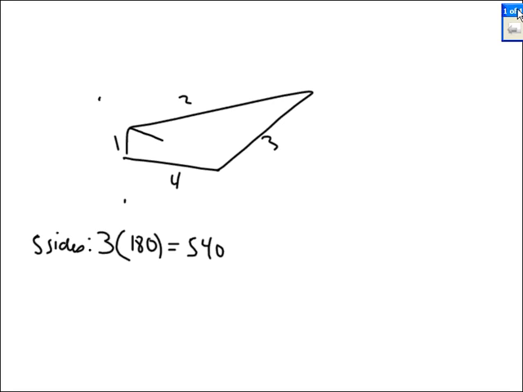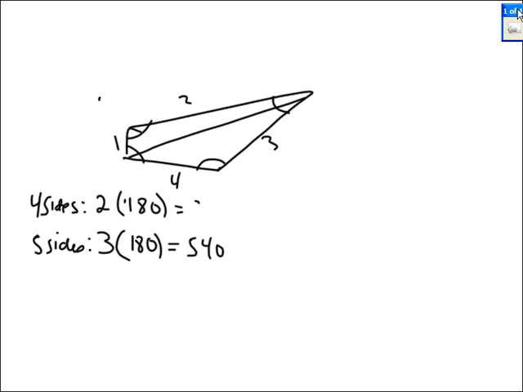Well, you can partition it this way to get 2 triangles, or you could partition it this way to get 2 triangles. But nonetheless, you get 2 triangles. And if you add up all these angles, it better add up to 2 times 180, which is 360.